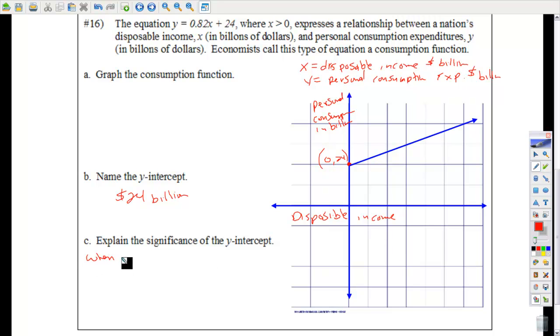When 0 represents disposable income, when the disposable income is $0, the personal consumption expenditure is $24 billion.